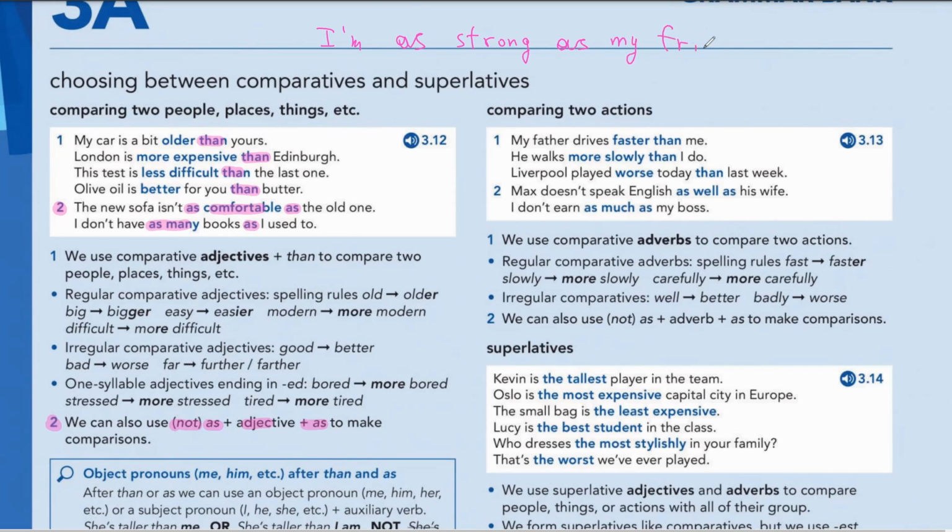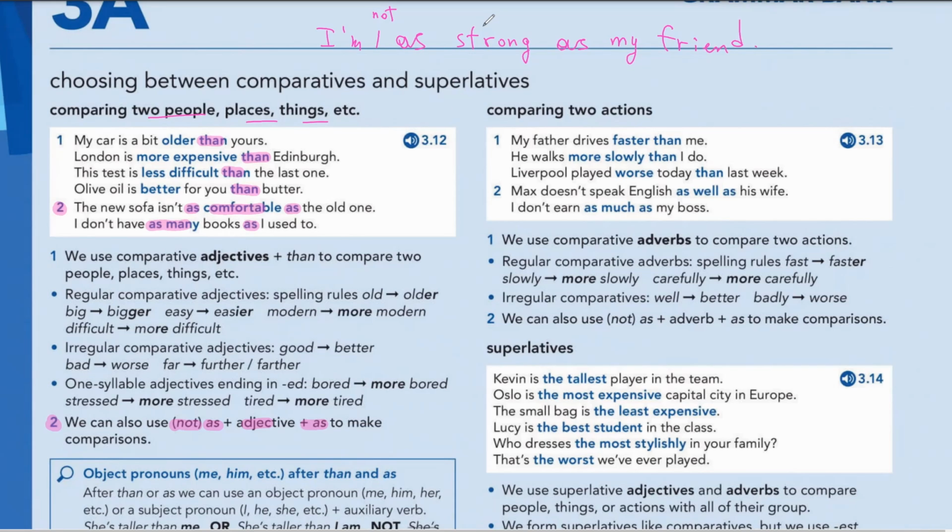You see? There you go. So here we are at the same level. My strength and my friend's strength, same. But if I say no, it's not the same, I'm going to put not here. I'm not as strong as my friend.